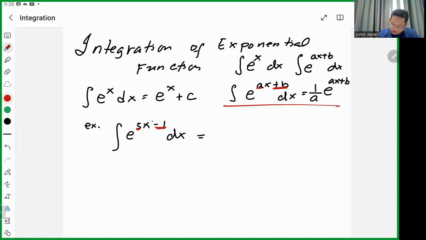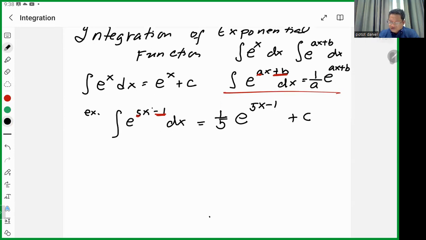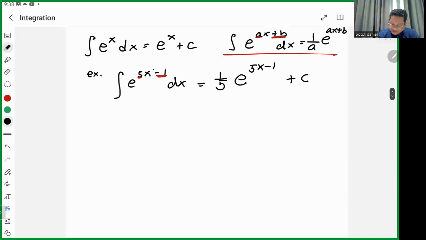So it says 1 over a, and your a is 5, so 1 over 5. Then it says e to the ax plus b, so you just copy the question, e to the 5x minus 1, then just add plus c. Very simple.